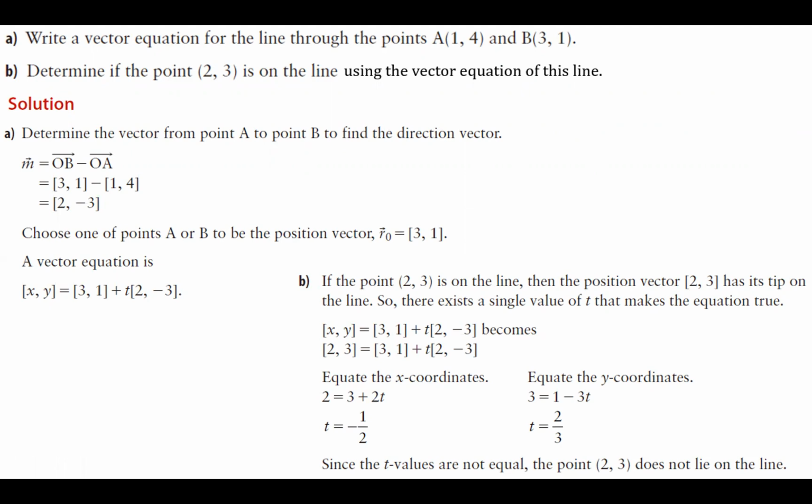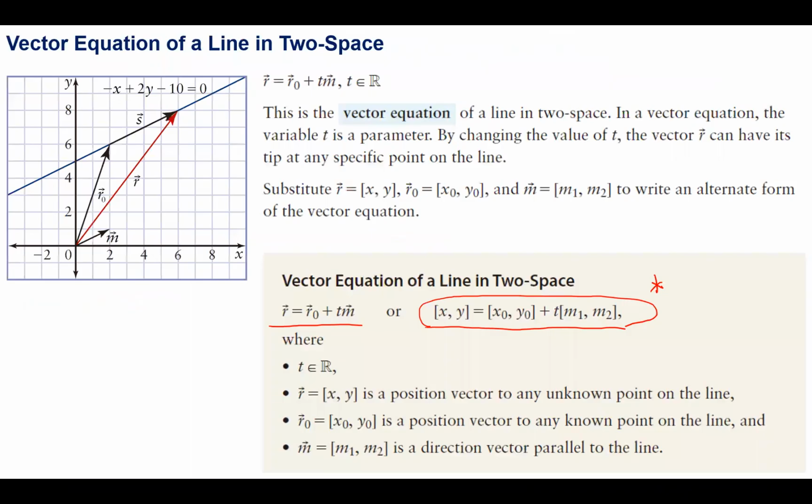So the direction vector of this line M is given by OB minus OA, which is 2, -3. According to the vector equation of this line, xy equals x naught y naught, which is a given point on this line, right?